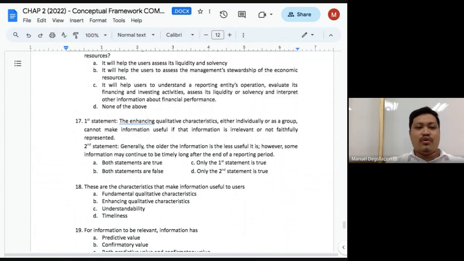My classmate used to call these qualitative characteristics Father VCAT, FR VCAT. FR for your fundamental, VCAT for your enhancing. By the way, I forgot to share with you that I developed VCAT on my own.